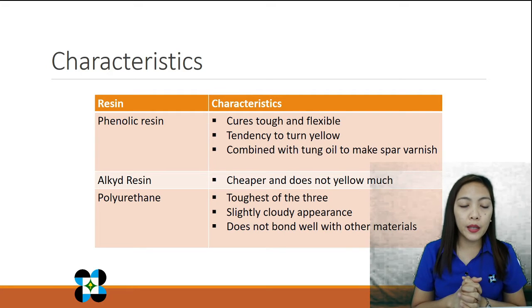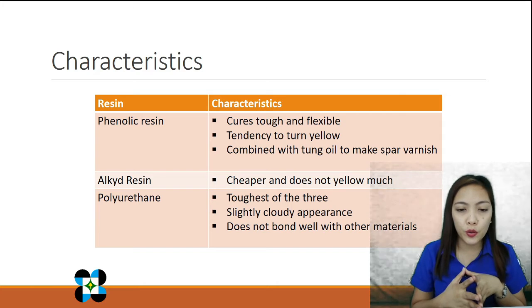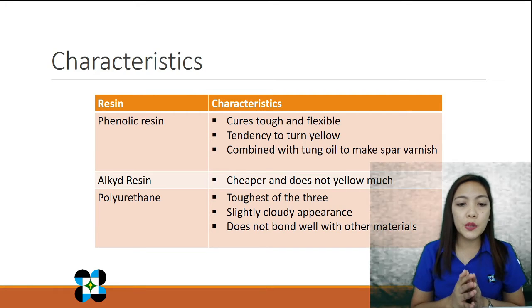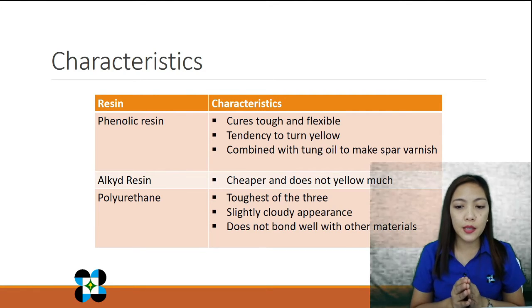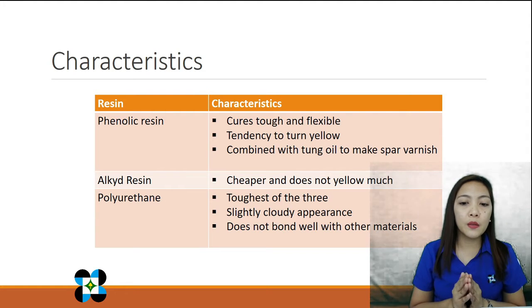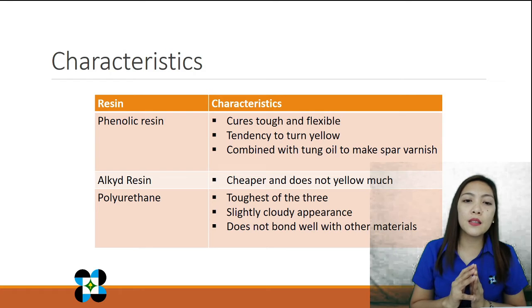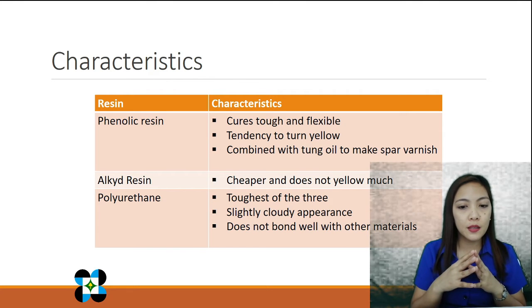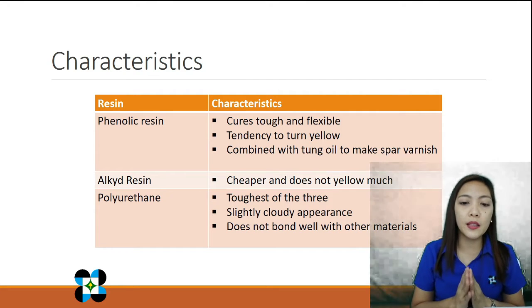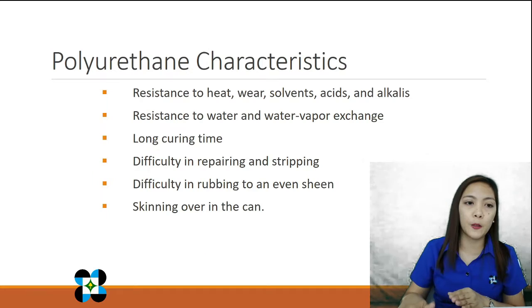Polyurethane naman is the toughest of the three. So, siya yung mas durable. However, sometimes it has this slightly cloudy appearance and it does not bond well with other materials. Kumbaga sa mga cellphone, this is the iOS or this is the iPhone kasi meron siyang sarili niyang set ng mga materials at sabi nga, it does not bond well with other materials.